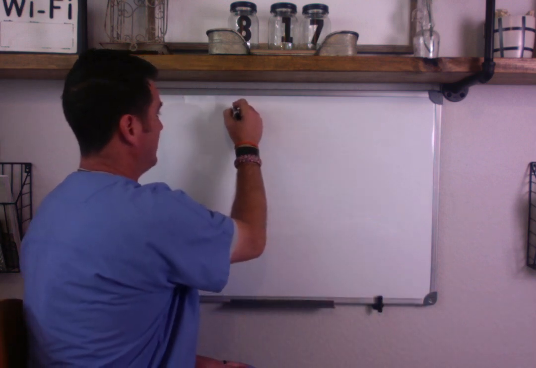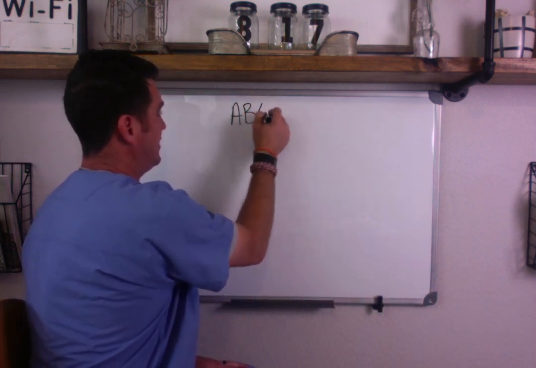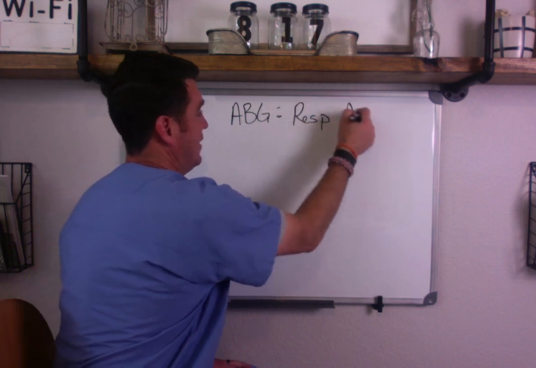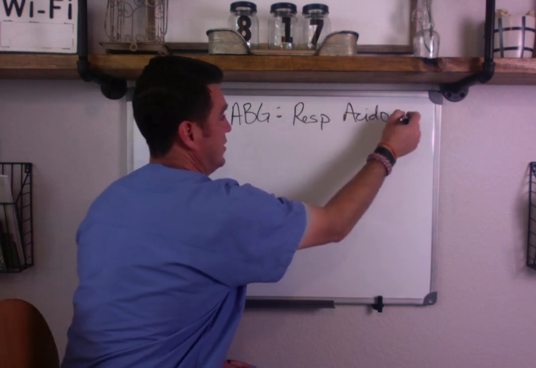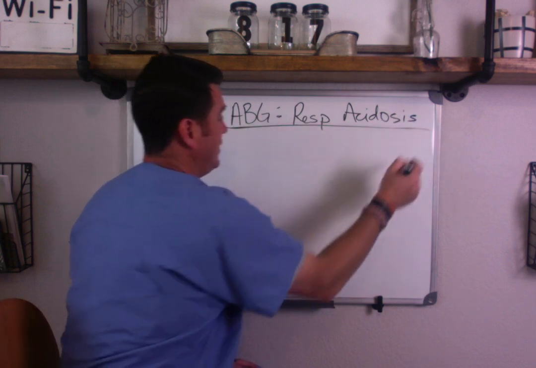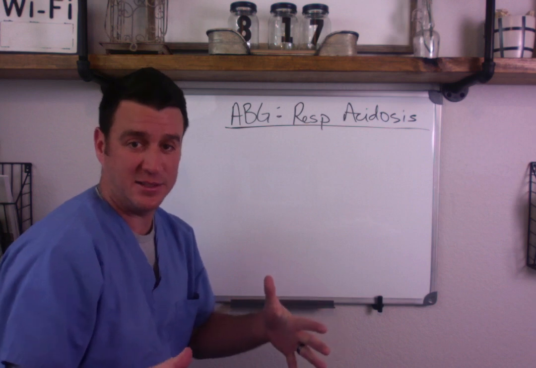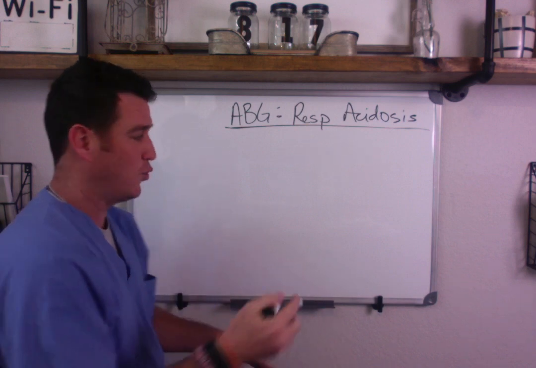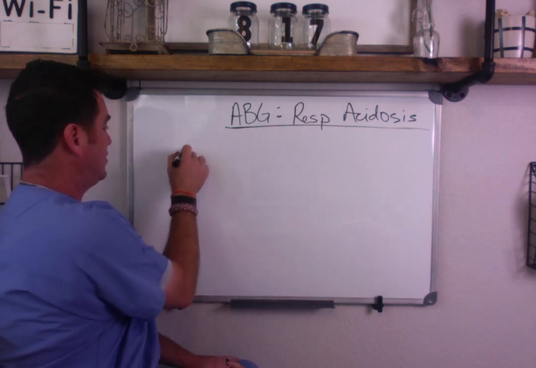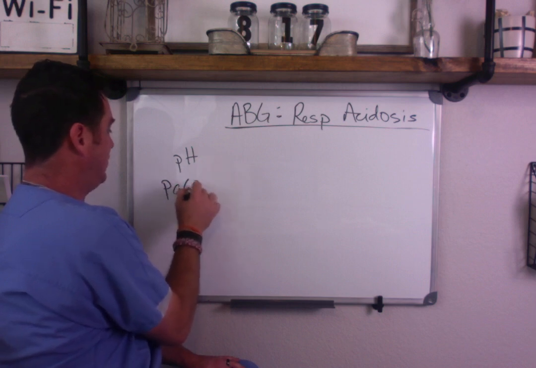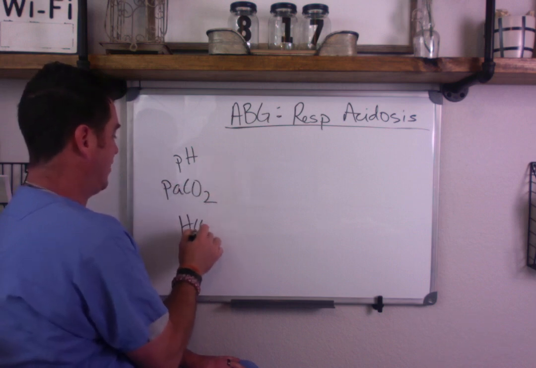So we're going to talk about ABGs and respiratory acidosis. Now, to understand how to interpret blood gases, you first have to understand normal. So we know we have a pH, a PaCO2, and bicarb.